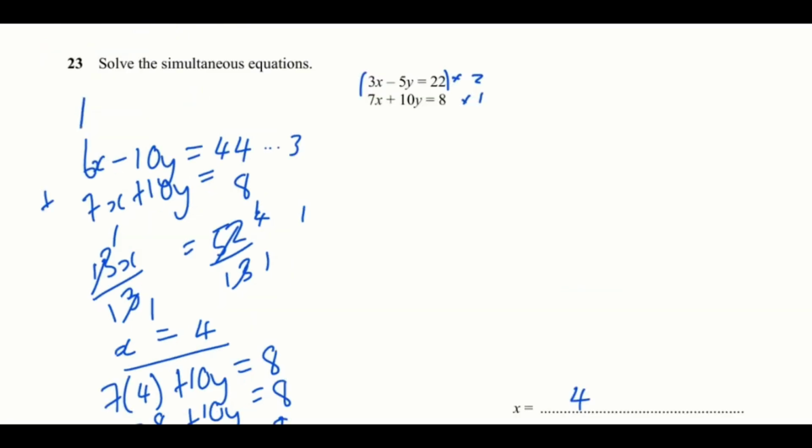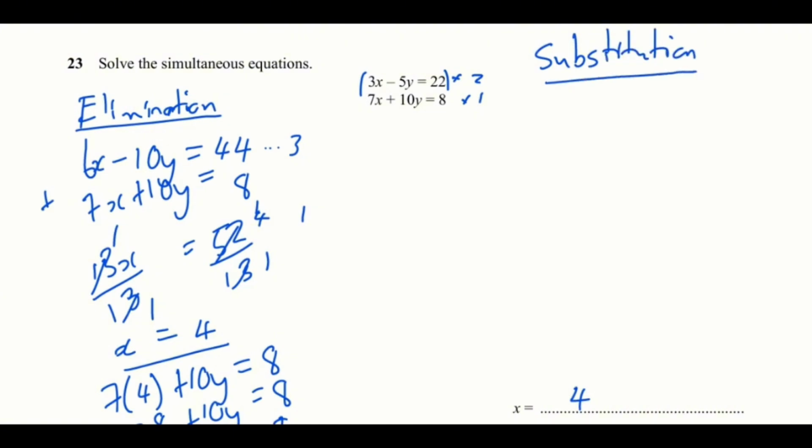This was the elimination method in which we eliminated one variable. Now let's look at the substitution method in which we substitute one variable for another. Let's take any of the equations. I'll take this first equation, 3x minus 5y equals 22, and rearrange it to make one of the variables the subject of the formula, and then substitute that into the second equation.